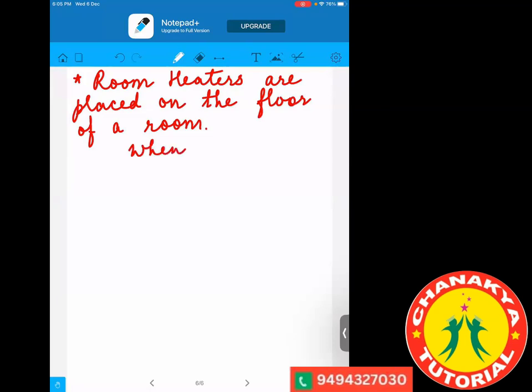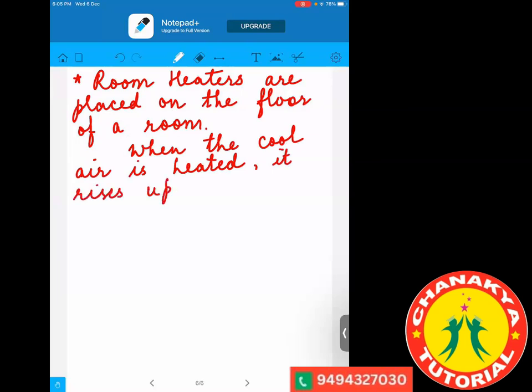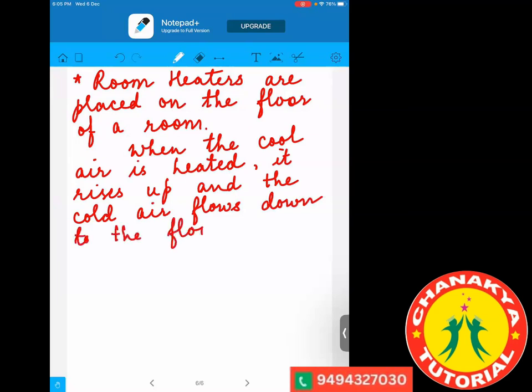So when the cool air is heated, we know that in our surroundings we have cool air. When that cool air is heated, it rises up. As soon as it becomes hot, it will go up and up, and the cold air flows down to the floor.